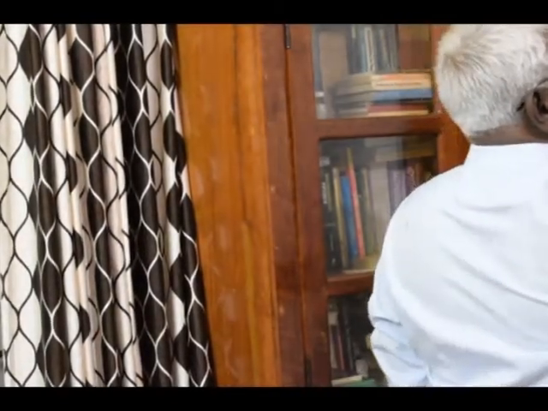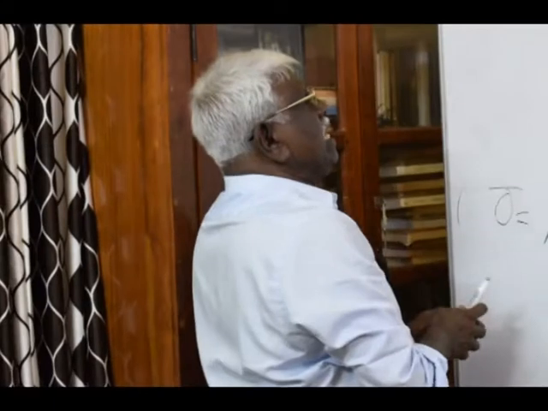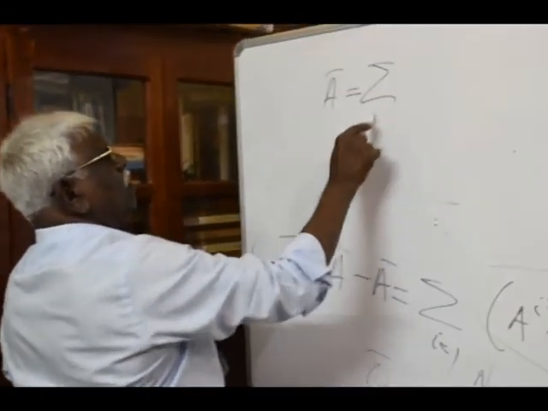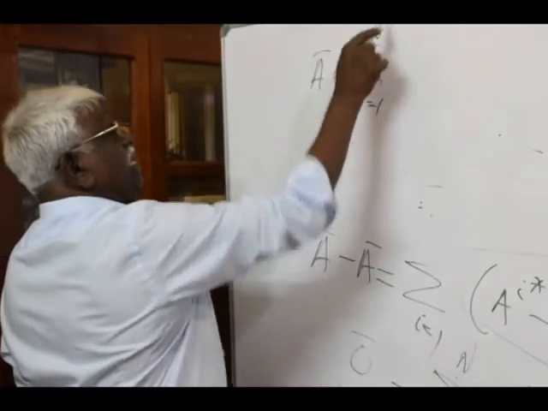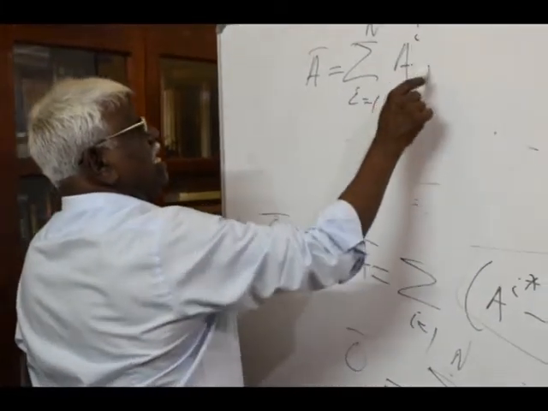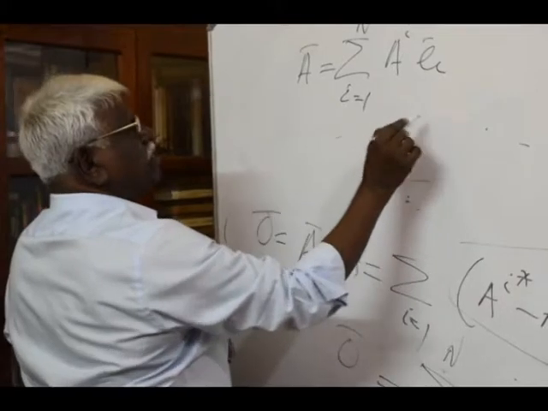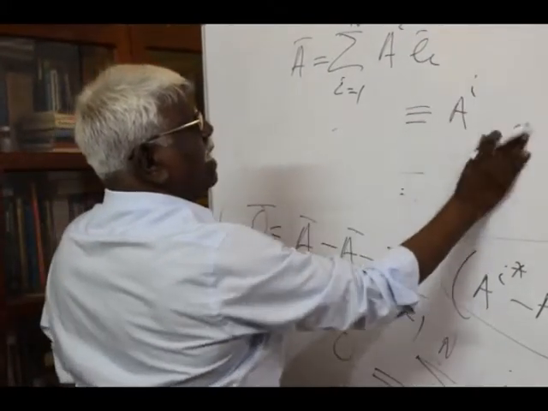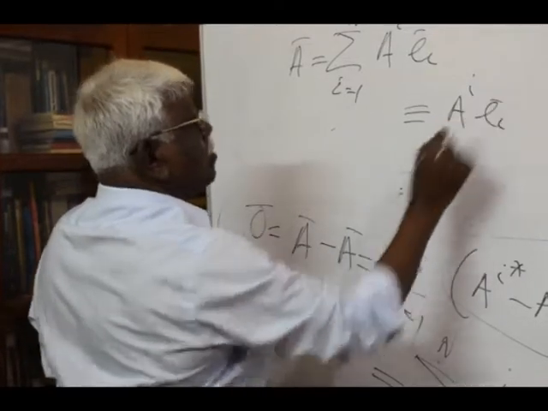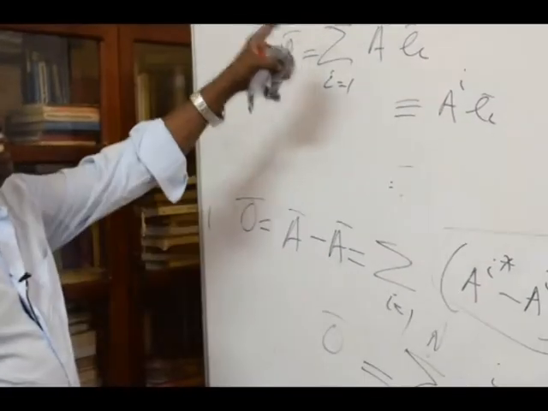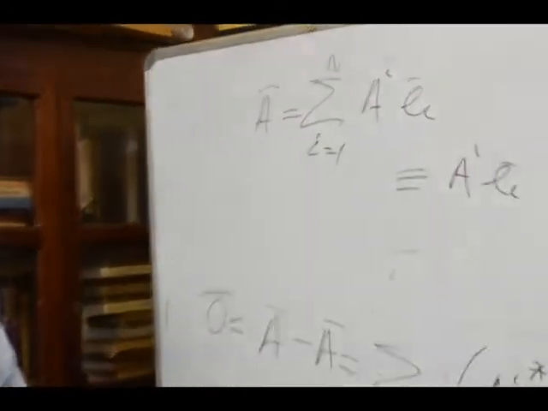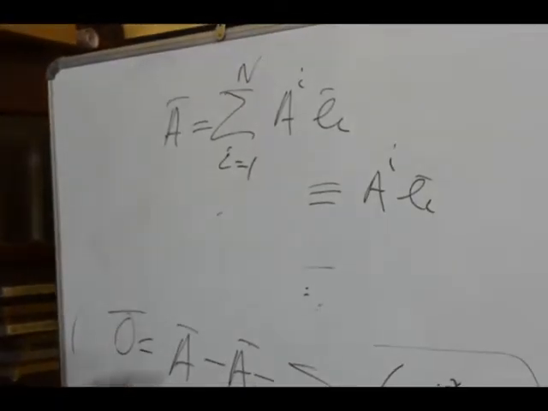So instead of writing sigma over i, 1 to n, ai ei, he simply wrote ai ei, and he told you this summation convention: keep it in your mind, assume that it is already summed.